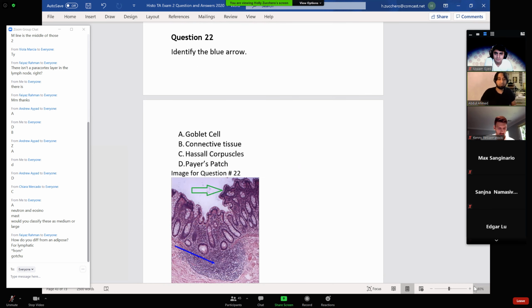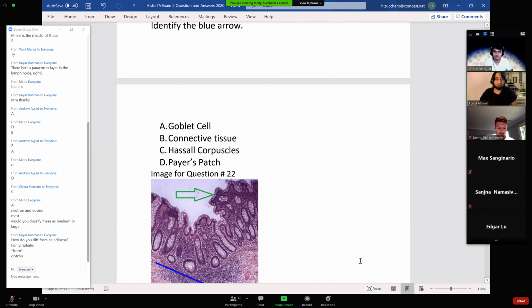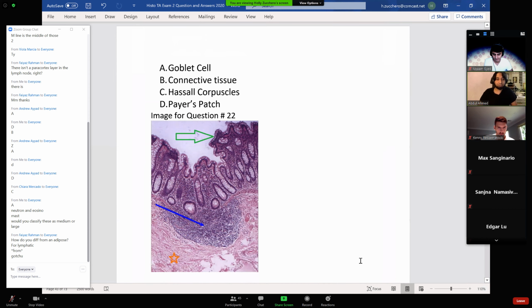So remember to identify the blue arrow. I remember on a question, people were misidentifying which arrow. This is identify the blue arrow. Is it D?